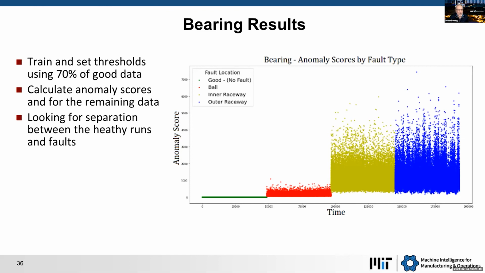raceway. So here, just using 70% of the known good data of fairly small numbers of runs, although good numbers of time series by the time you are recording these at whatever it was, several kilohertz, one gets really very good, easy separation between healthy runs and these particular faulty runs.